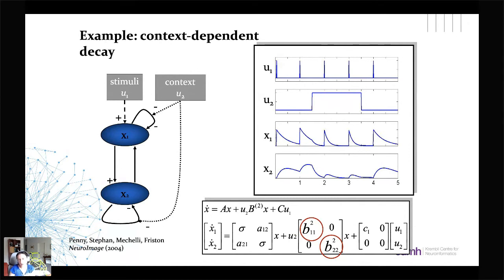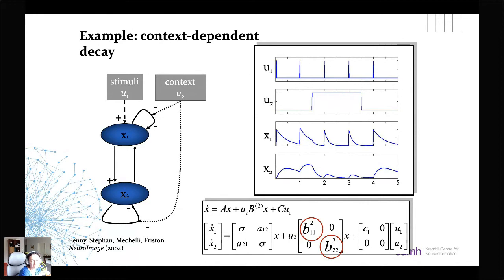In particular, sigma controls the rate of exponential growth or decay of the neuronal activity during and after stimulation. And this is a parameter that is enforced to be negative to ensure that the dynamic system remains stable and that the neuronal signal will return to baseline after the end of the stimulus. Now, contextual input or contextual changes can also modulate this self-inhibitory connection. And that can be part of your model.